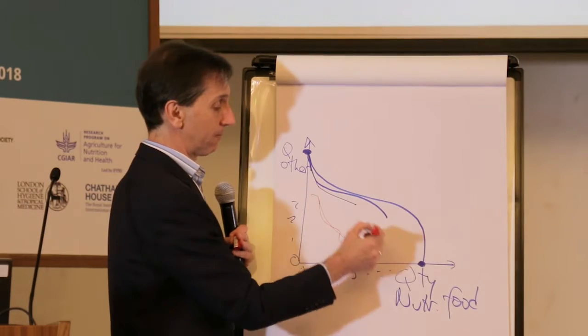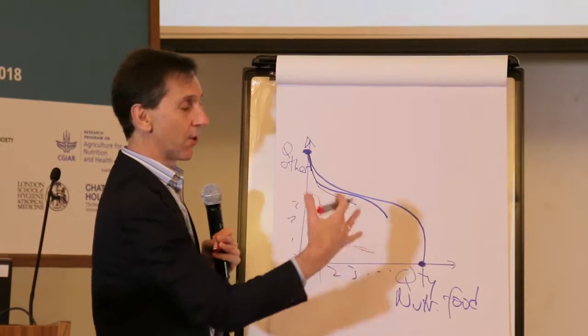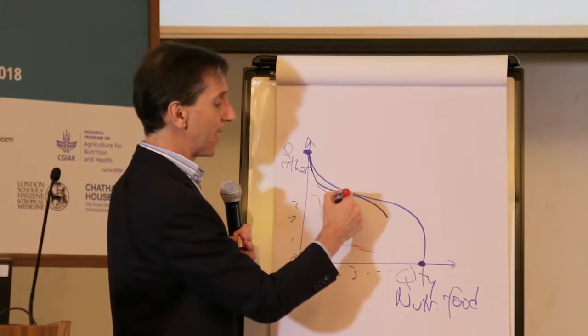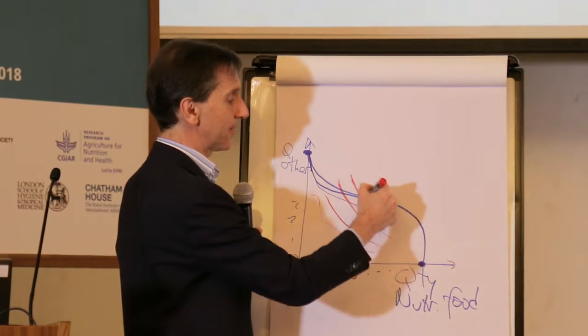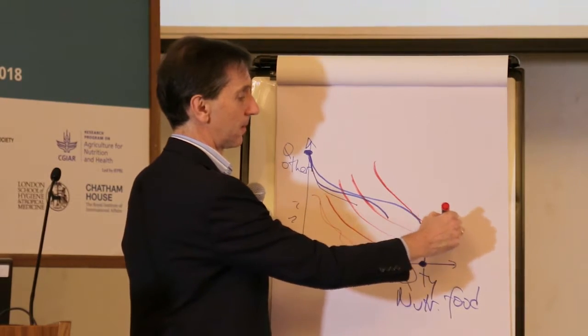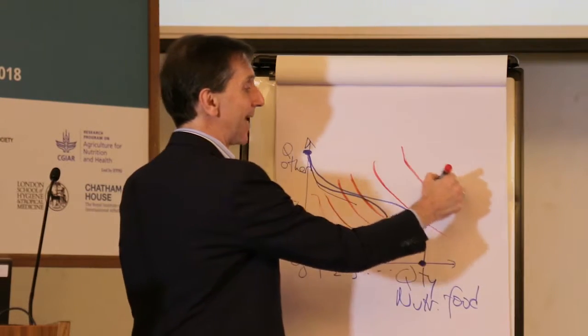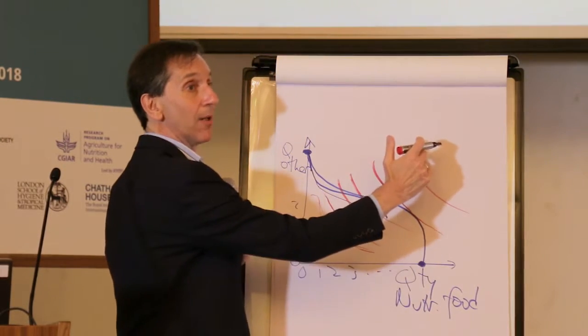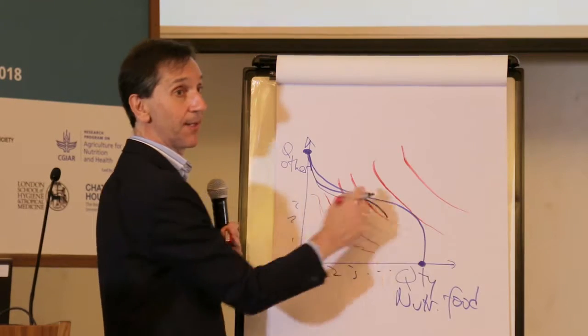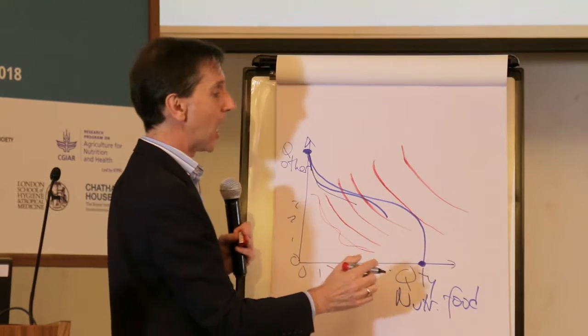It's not always a smooth curve. And there would be other ones of these preferences like this. And they can't get to this high level because this is their production possibilities frontier. This is the limit of what they can produce.